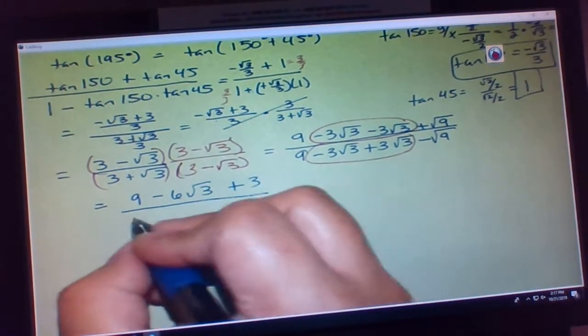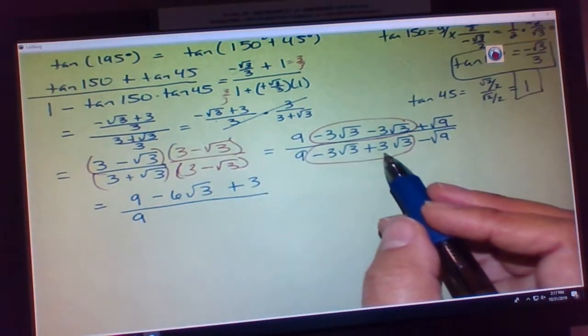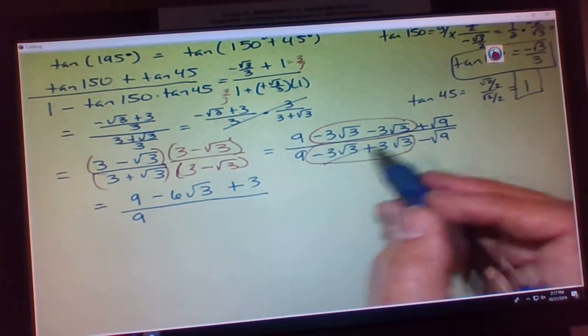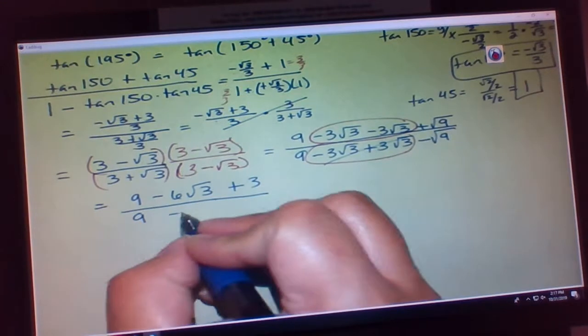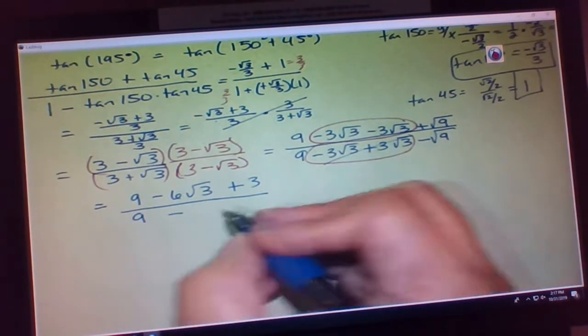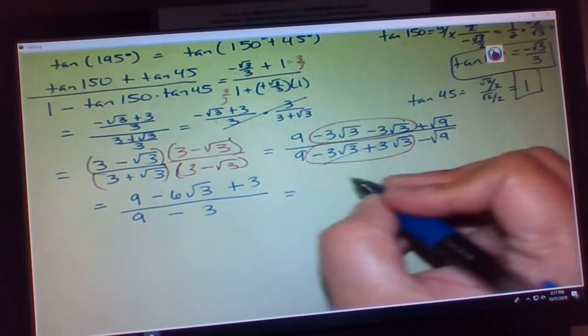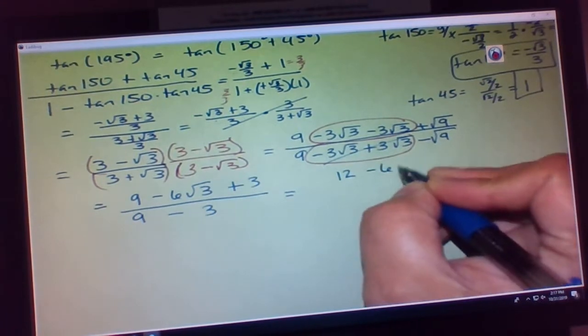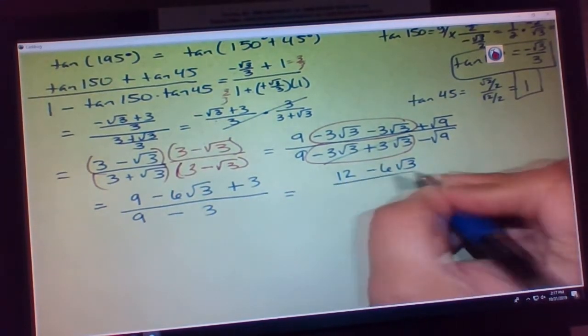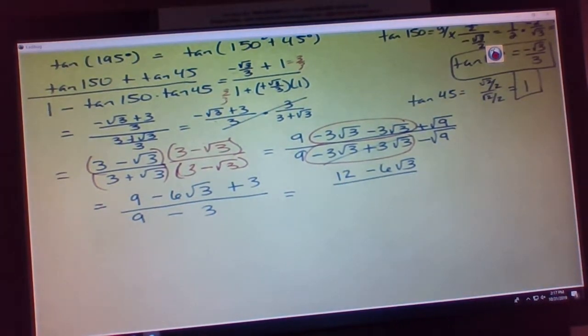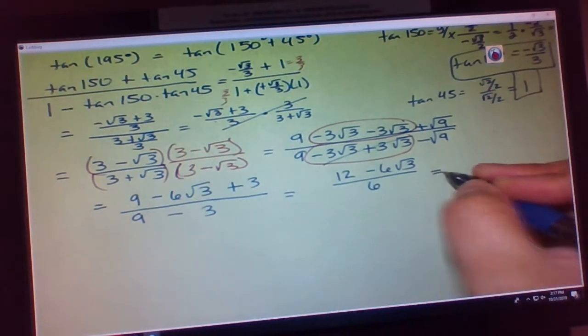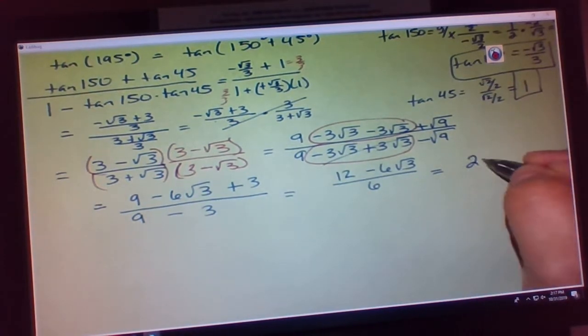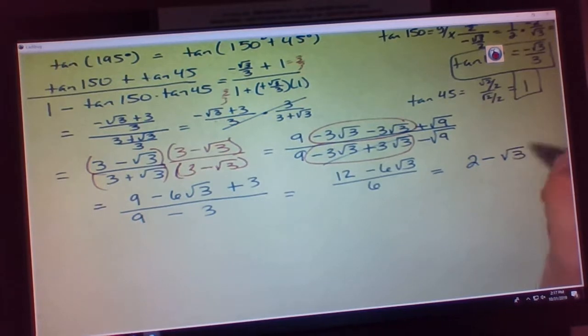All this over 9, what happens to the ones in the middle and the bottom? Those do cancel. And what is the square root of 9? 3. So this becomes 12 minus 6 square root of 3 over 9 minus 3 is 6. And this reduces to 2 minus the square root of 3.